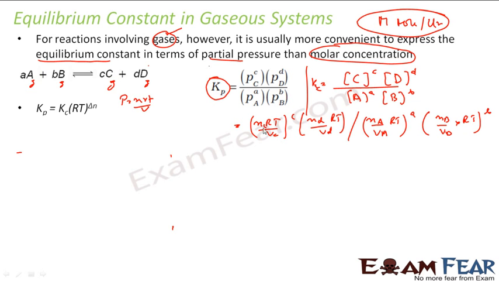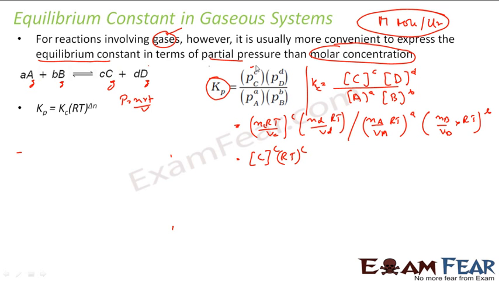So if you see, moles per volume is what? The molar concentration. That will be my concentration of C to the power c into RT to the power c, right? Because I just took this out, because n by V is nothing but concentration.